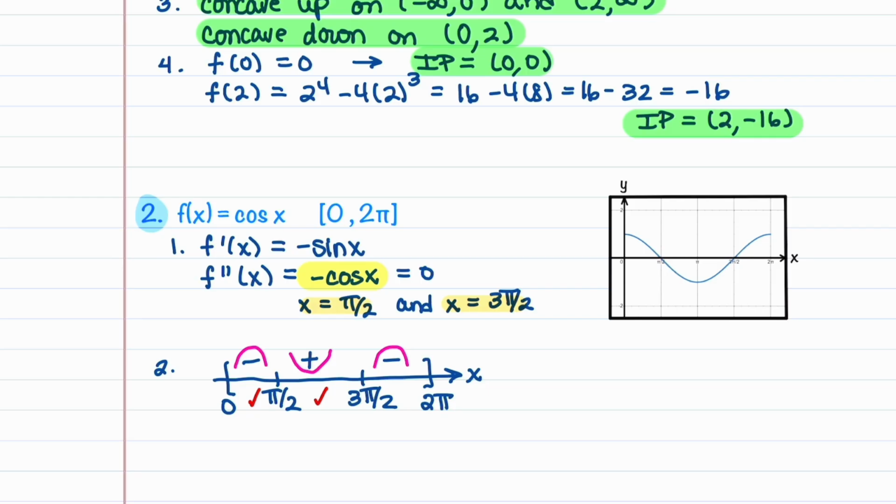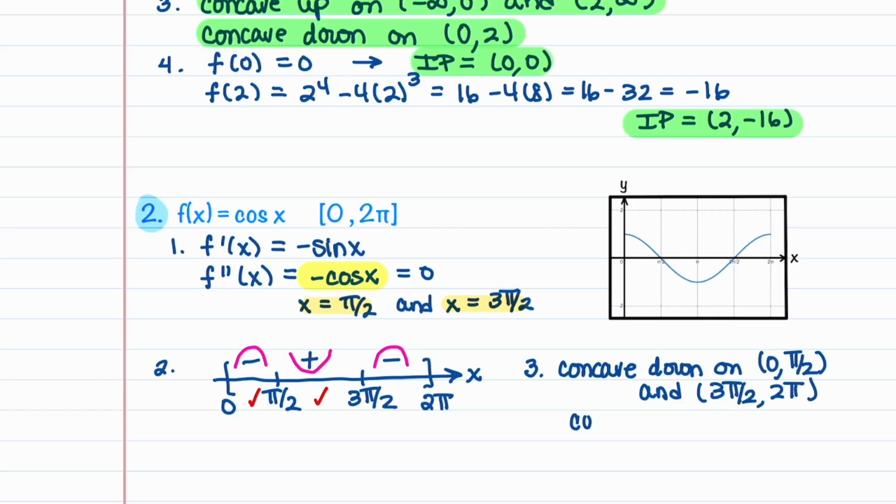Step 3, we just have to write down our regions of concavity. So we can say that it is concave down on the region from 0 to pi over 2 and from 3 pi over 2 to 2 pi.